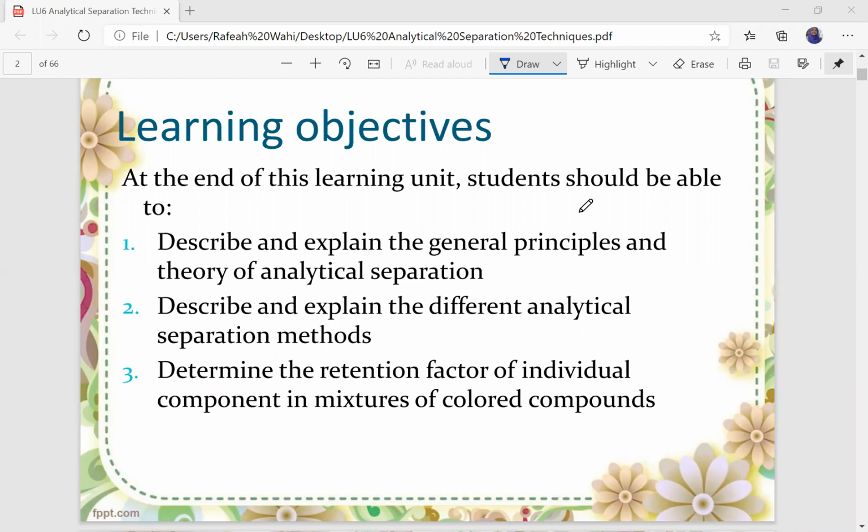Number 2, describe and explain the different analytical separation methods. And number 3, determine the retention factor of individual components in mixtures of colored compounds, which is specifically related to chromatographic separation technique.